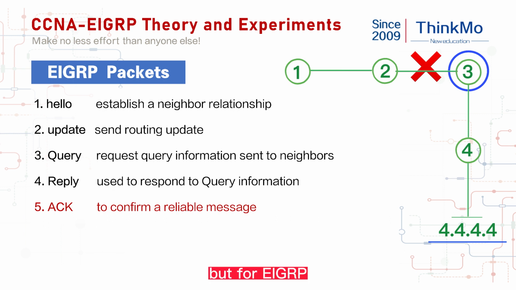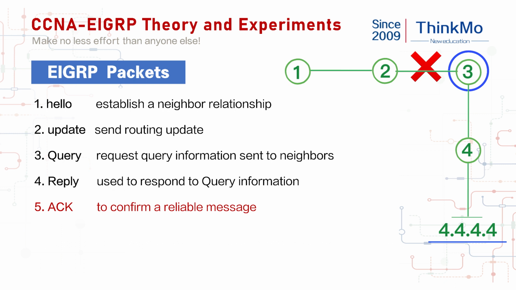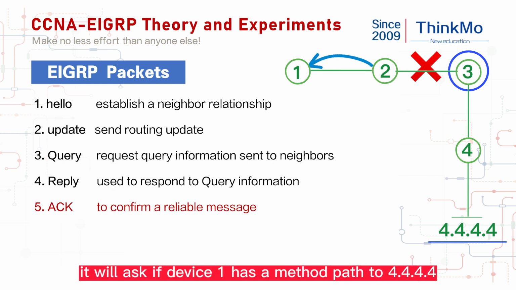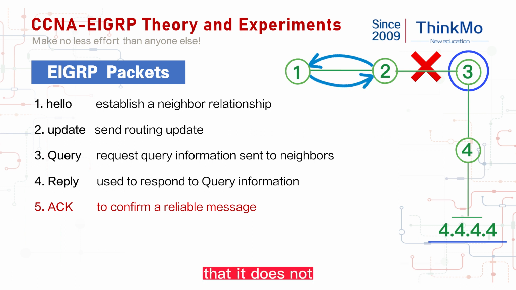But for EIGRP, device 2 will not immediately delete 4.4.4.4 from the routing table. It will send a query message to its neighbors that are still alive. So now it has only one neighbor left, and it will send a message to device 1, asking if device 1 has a path to 4.4.4.4. Then device 1 will reply to device 2 that it does not.